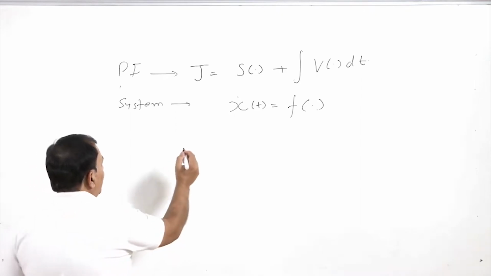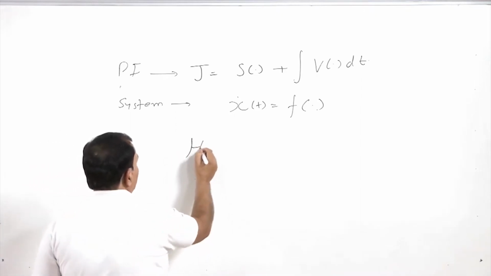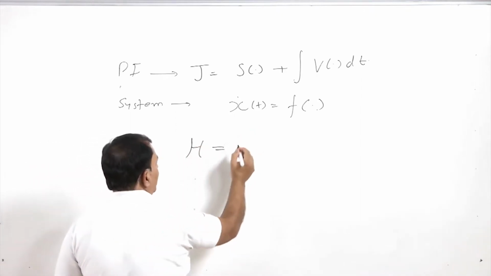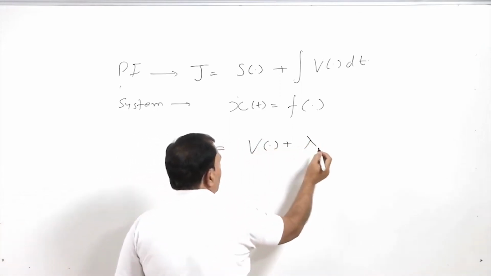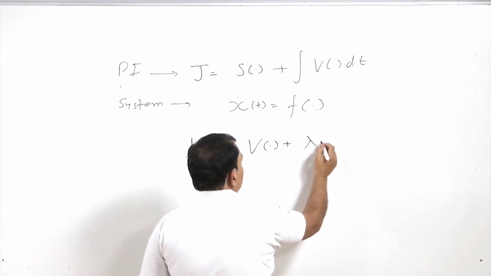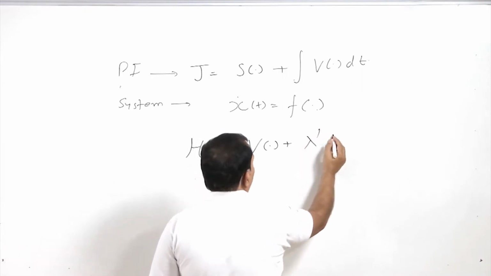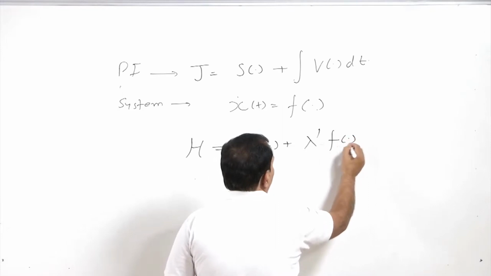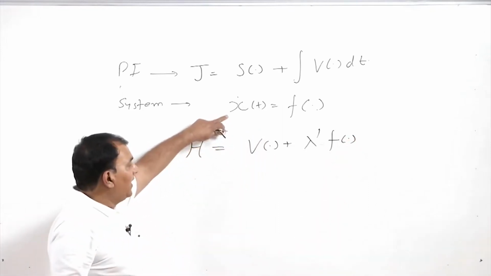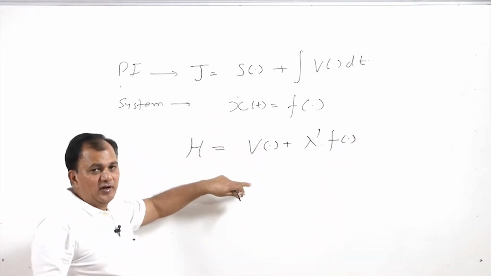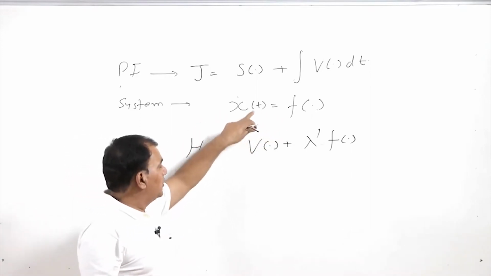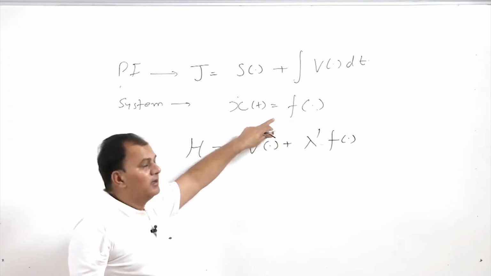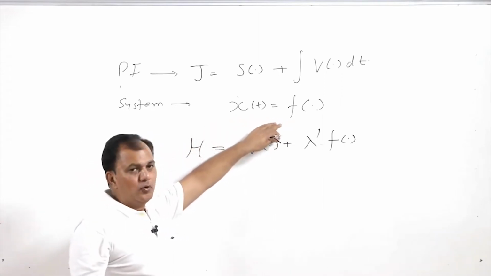In this I am defining my Hamiltonian simply as v plus lambda prime f, because x has n number of states. So, I have x 1 dot t as f 1, x 2 dot t as f 2.